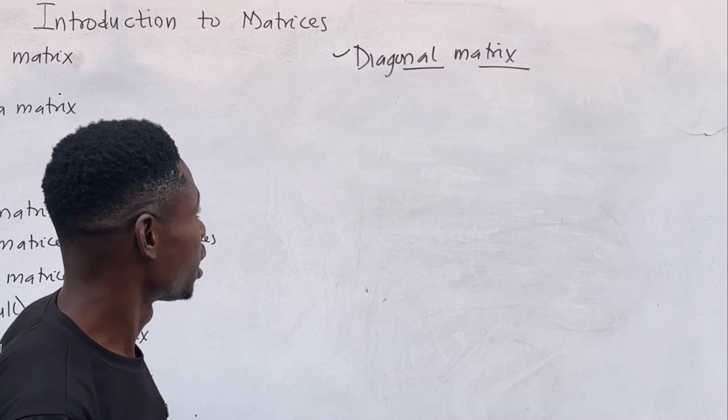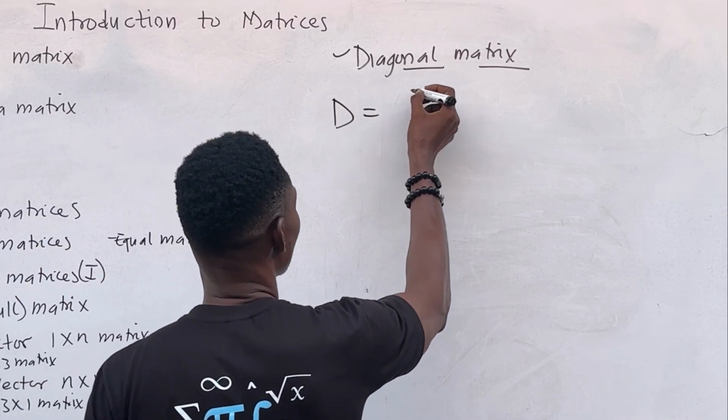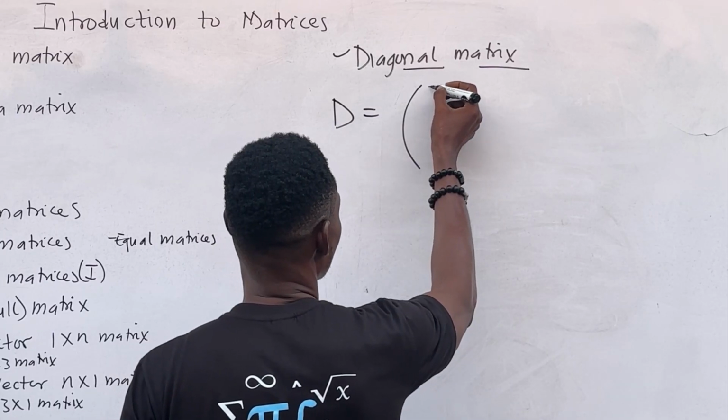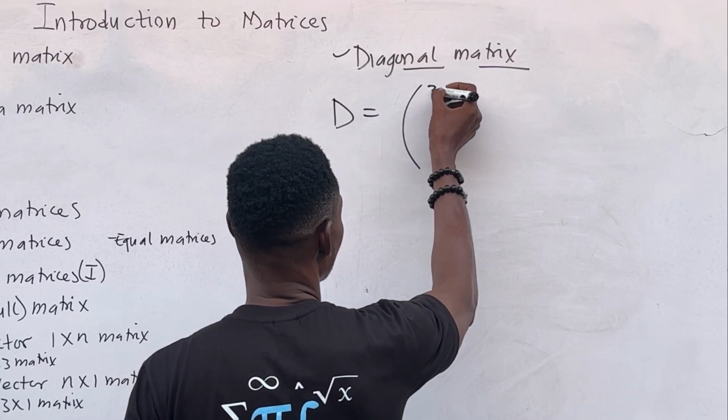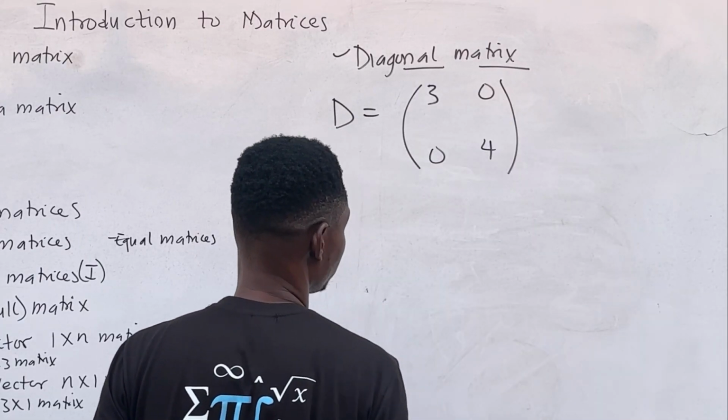It has to be a square matrix. That is called a diagonal matrix. For example, D equals this.